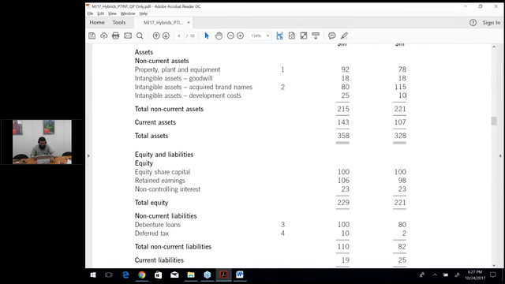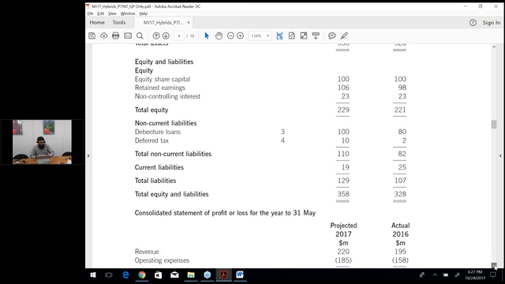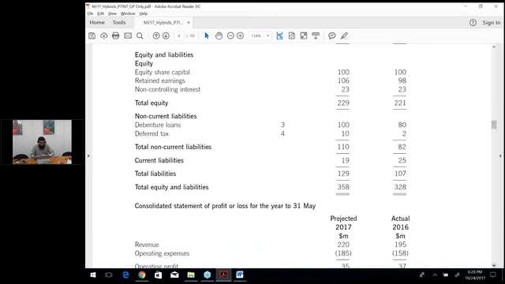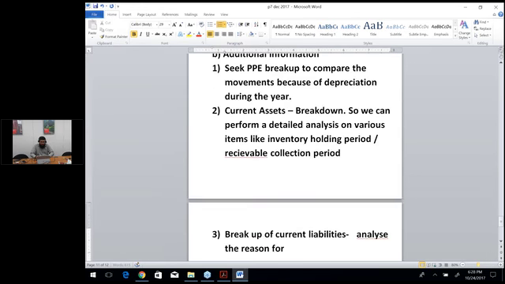Then the third one is equity: share capital, retained earnings, NCI. Then maybe the current liabilities. The breakup of current liabilities would also be ideally important. You see the current liabilities have actually gone down, so we need to analyze the reason for the reduction in current liabilities.